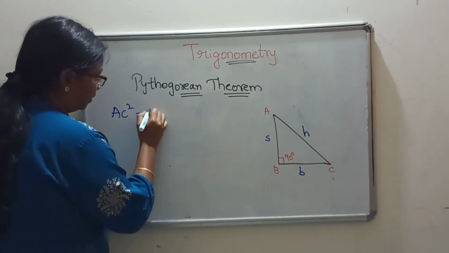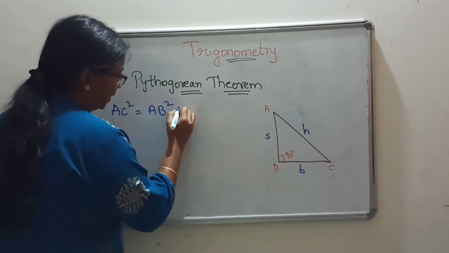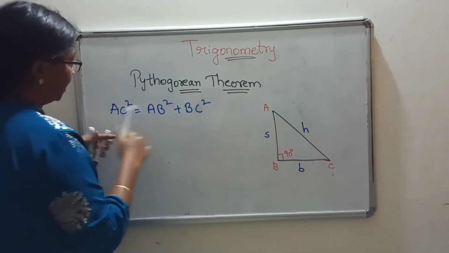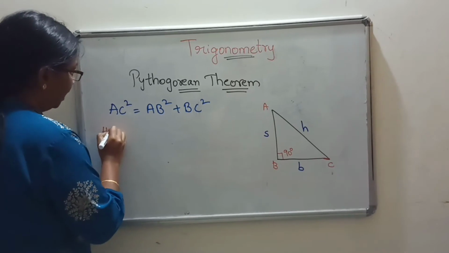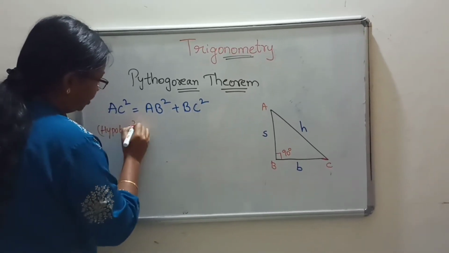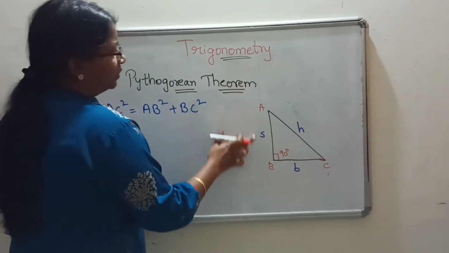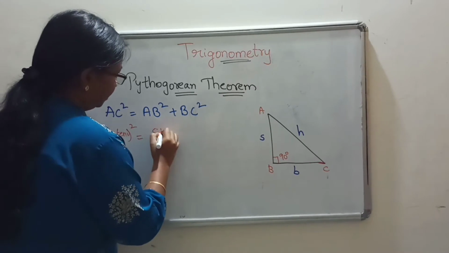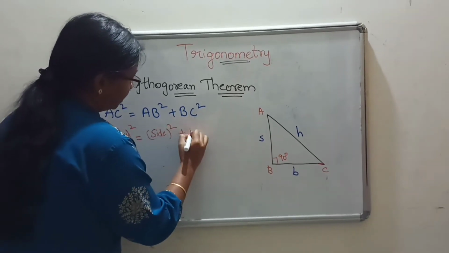AC square is equal to AB square plus BC square. That means AC square is the hypotenuse, the longest side of the triangle. Hypotenuse square is equal to the sum of the squares of the other two sides, that is side square plus base square.